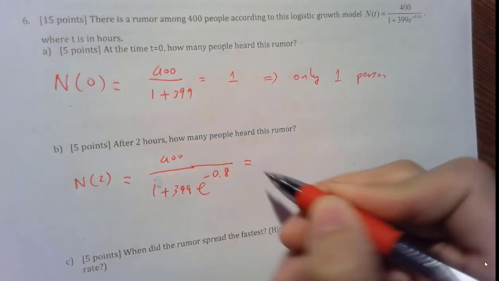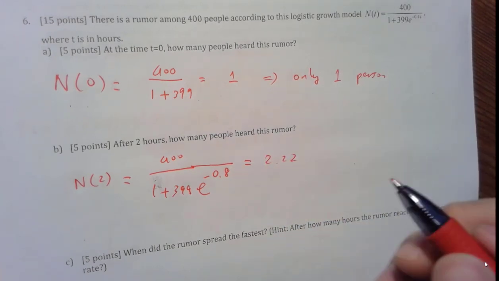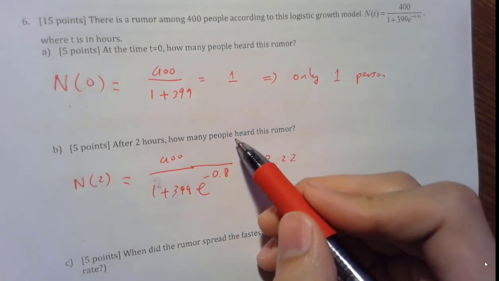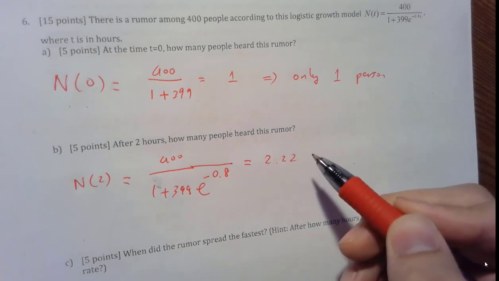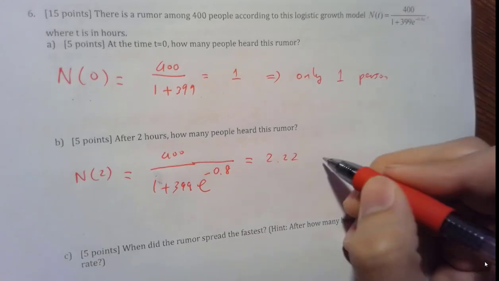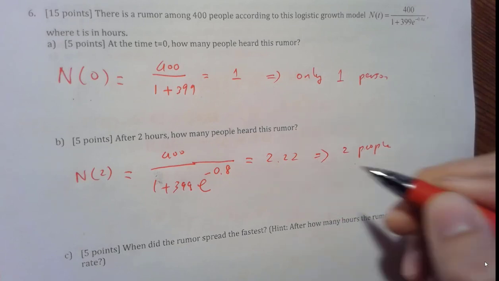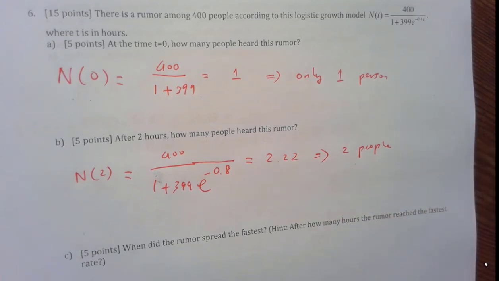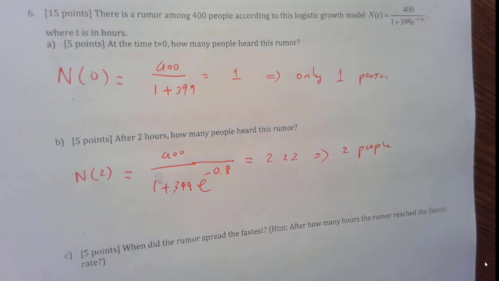And if you plug that in the calculator, you should get 2.22. And we are asking for the number of people, so we cannot have a decimal point for people. Therefore, we have to round it down to 2 people, because 2.22 people are not enough for 3 people, so it should be 2 people that heard the rumor.